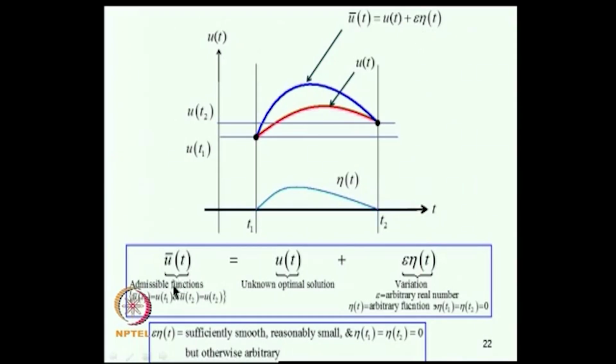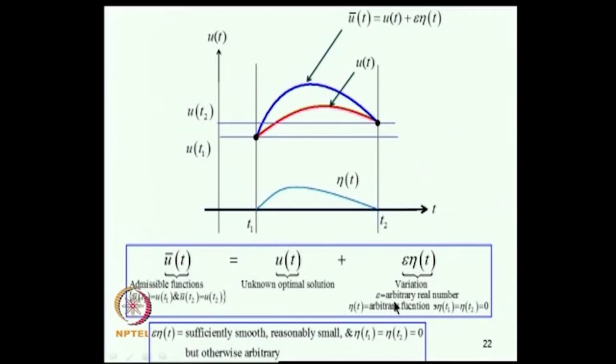Now, all functions that pass through these 2 points are called admissible functions. So, through this representation, what we are doing is representing the admissible functions in terms of the unknown optimal solution and a function that we call the variation.